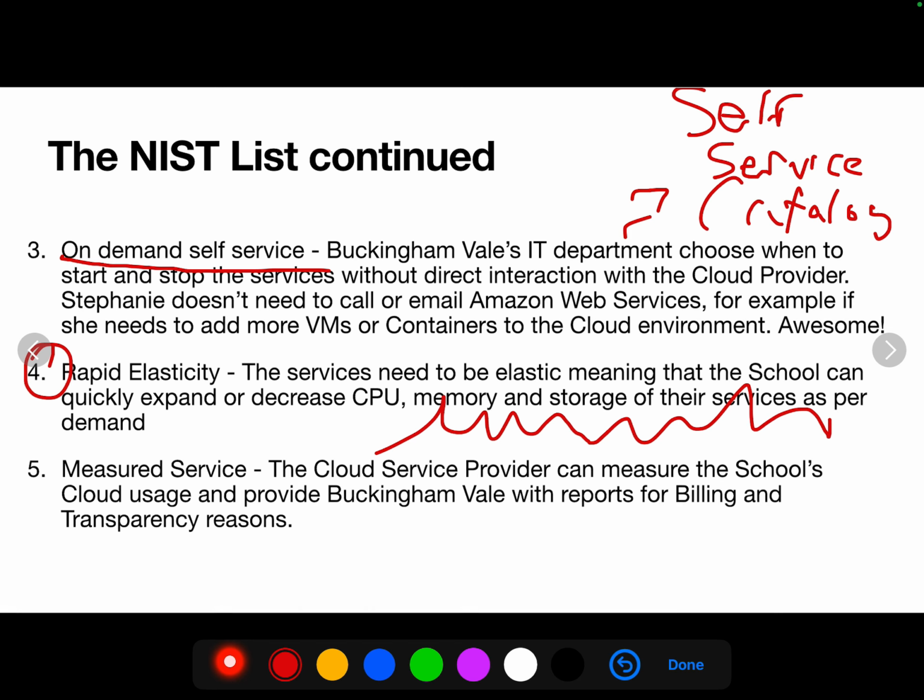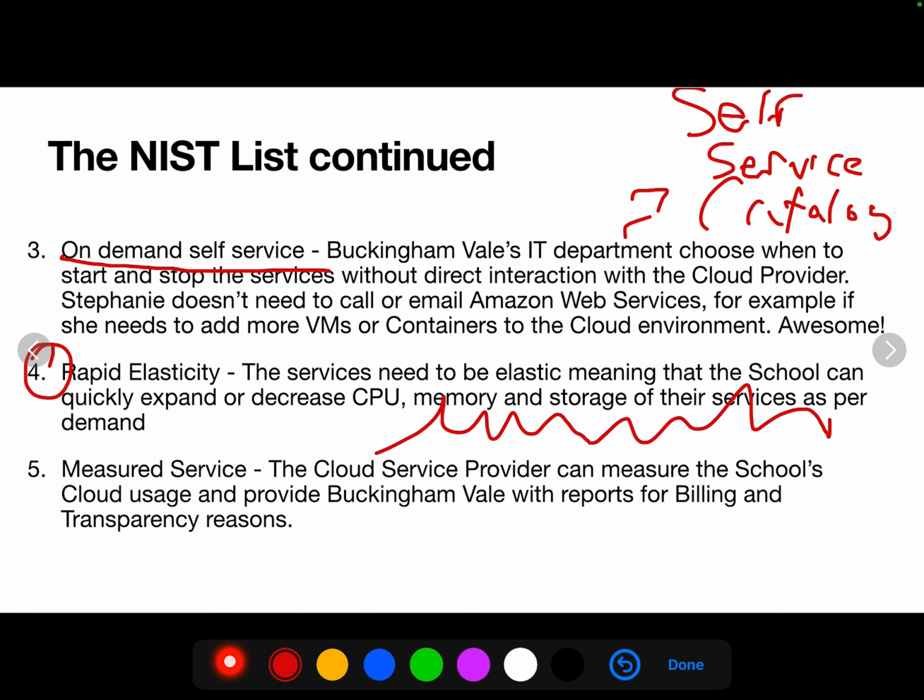And finally, measured service, meaning the cloud service provider provides billing reports, which also help with transparency, being transparent with what the cloud provider is seeing in terms of storage and usage of cloud resources.